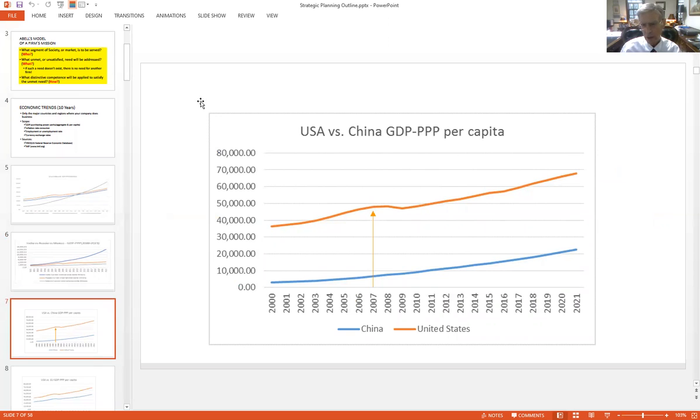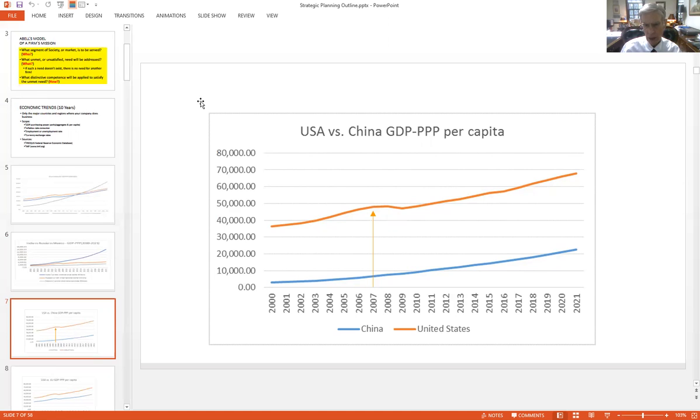Here is another measure, and this will make you feel better. This is GDP per capita. And you can see the blue line again is China. And GDP per capita is an indicator of consumption potential. So the lines at the top, the orange line is the US.